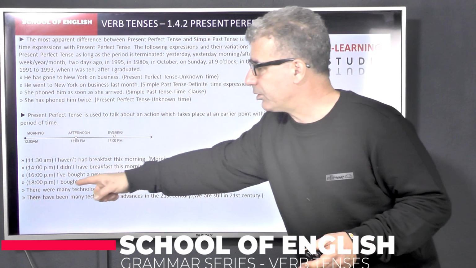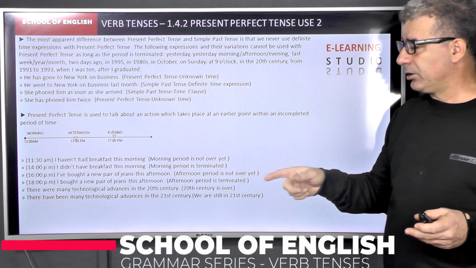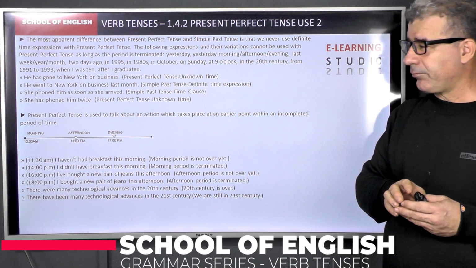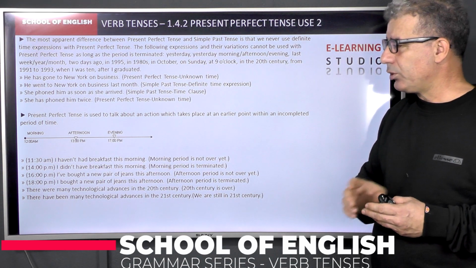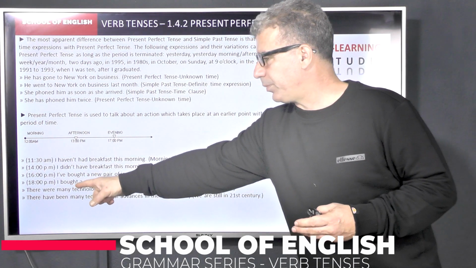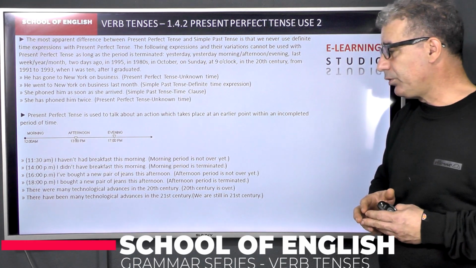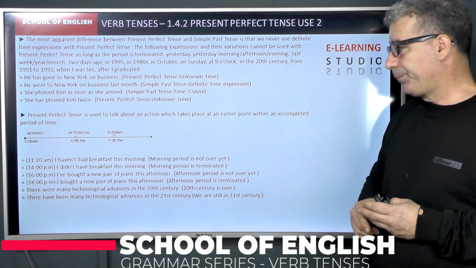If we use this sentence at 6 o'clock, then the afternoon period is over, which means that it's terminated. So we need to use simple past tense to express the same sentence. I bought a new pair of jeans this afternoon.